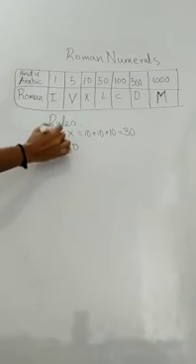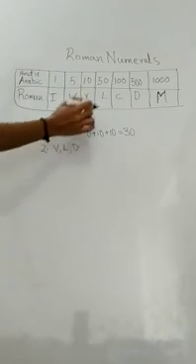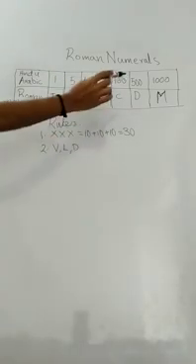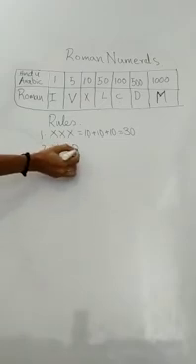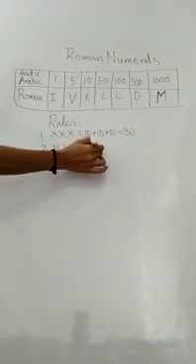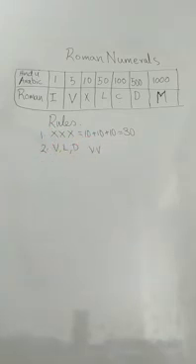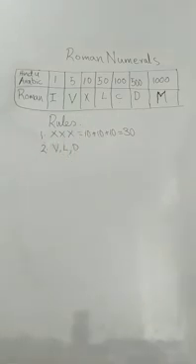You can repeat 1, you can repeat 10, you can repeat 100 and you can repeat 1000, but you cannot repeat 5, 50 and 500 the way we do this. You cannot write 5 like this. That is not possible in Roman numerals, which are 5, 50 and 500.